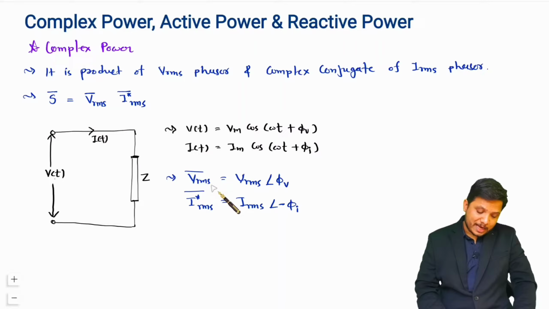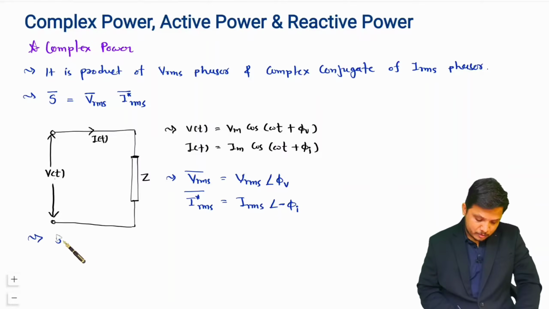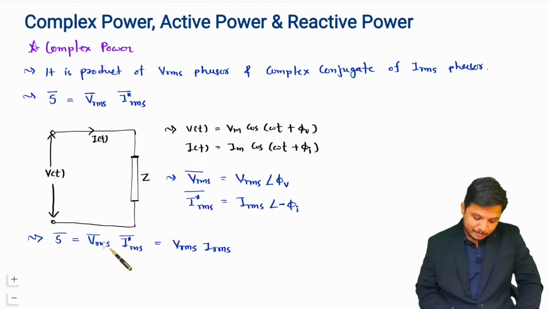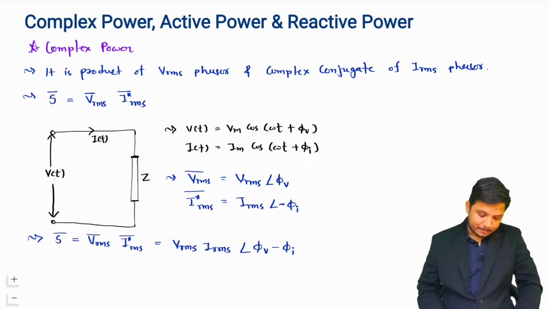Now we have Vrms phasor and the conjugate of Irms phasor, right? Let us substitute both in the complex power equation. When you multiply both, the magnitudes get multiplied and in multiplication the phases get added, so the phase will be phi v minus phi i.